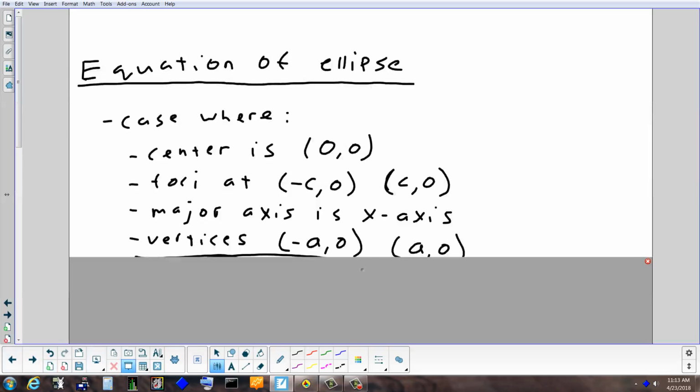So like we did for parabolas, we're going to use a chart in the packet. Okay, so there's a chart. It's on page 394.